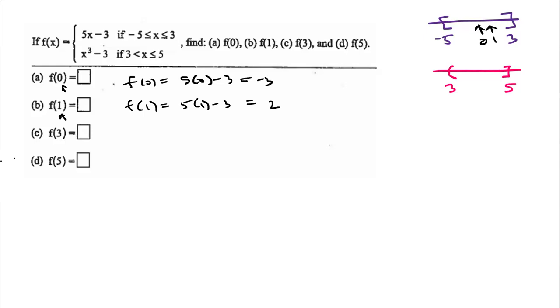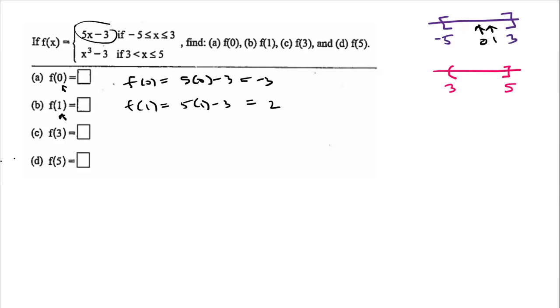The third one, or C in this case, is f of 3. We have to be careful which 3 we're looking at, because there's a 3 here and also a 3 here. We want the one that says less than or equal to, because that means the endpoint, which is 3, is included. This other one does not have the equal sign, so it is not included.